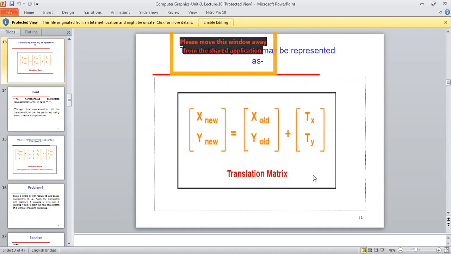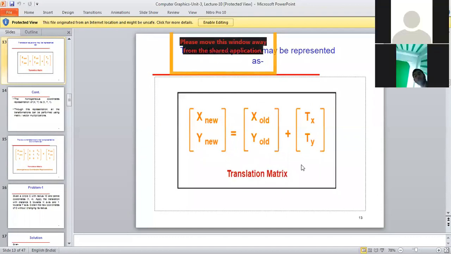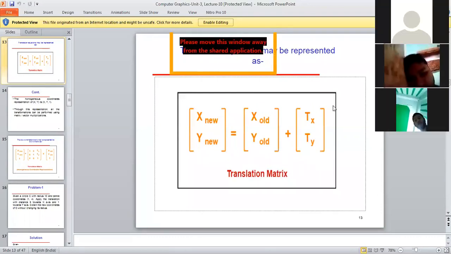You can set it as a matrix, but how will you indicate this? You can see here x new, y new, x old, y old. These are the new points, these are the old points, and tx and ty. This is called the translation.